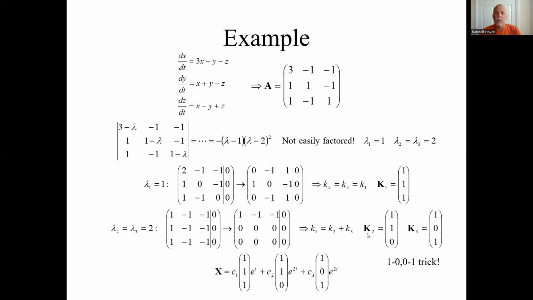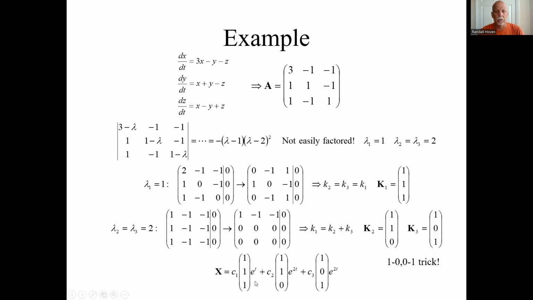The second eigenvector, I'll set K2 to 0 and K3 to 1. When K2 is 1 and K3 is 0, I get 1, 1, 0. When K2 is 0 but K3 is 1, I get 1, 0, 1. Here are my 2 linearly independent eigenvectors for the eigenvalue.